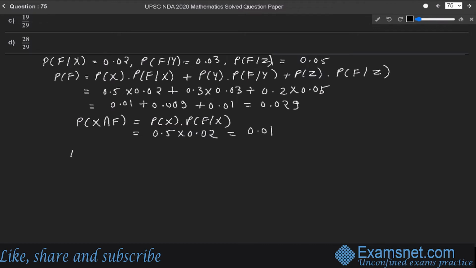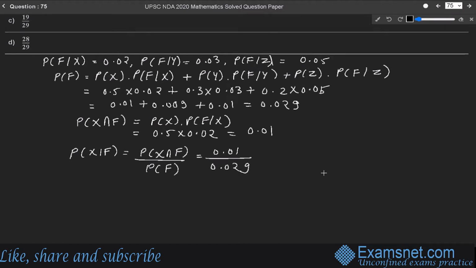Now the required probability will be P of X by F. So P of X by F can be written as P of X intersection F upon P of F, using the conditional probability. Now putting the values, it will be 0.01 upon 0.029.